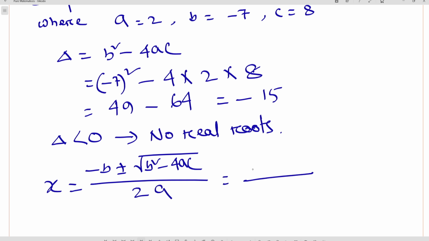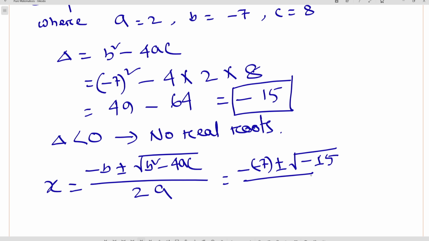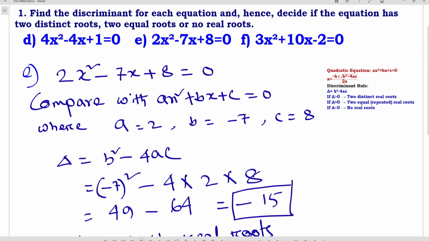And look at this, minus b means minus of -7, then plus minus square root of b² - 4ac, we have got minus 15, and here is 2 times a means 4. So the root of -15 is an imaginary number, so there is no real root. So number E has been done.